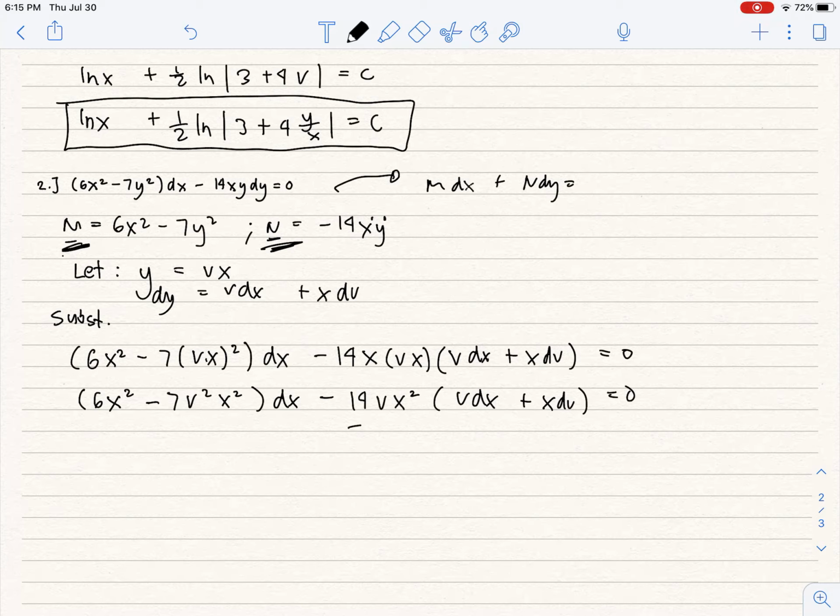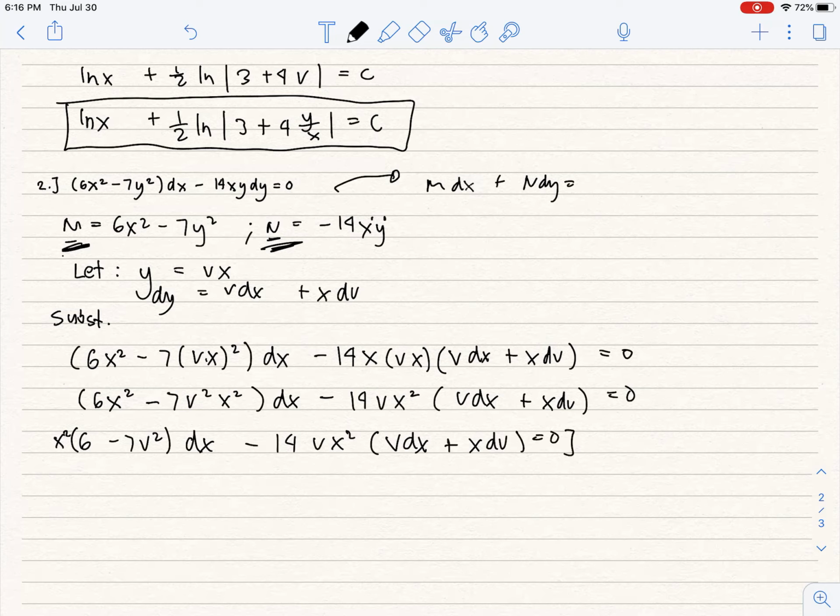Okay, so before we distribute this value to this polynomial, we are going to factor out first ang common sa kanang polynomial. Since ang common nila is x squared, ato na i-factor out ang x squared, kay naa may x squared dire, para ma-cancel out ang x squared. So this is just x squared multiplied by 6 minus 7 v squared dx minus 14 vx squared times v dx plus x dv equal to 0.